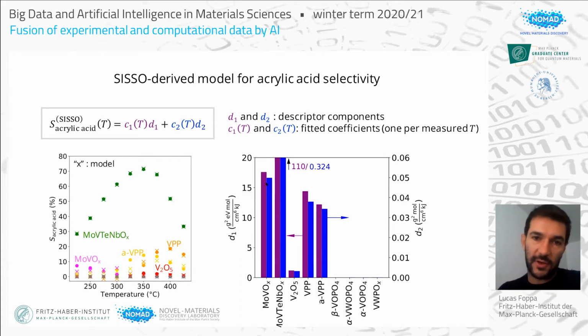And then they have other finite values for the other materials that produce acrylic acid. And they have practically 0 value for the materials that don't produce any acrylic acid, which are these 4 here. So this is how the model is constructed: C1 times D1 plus C2 times D2. So D1 and D2 are shown here, and the coefficients depend on the temperature.